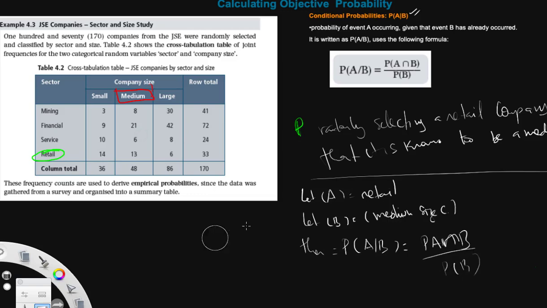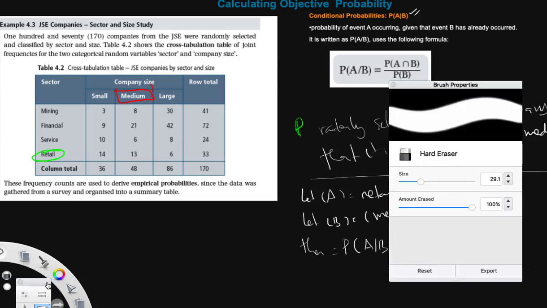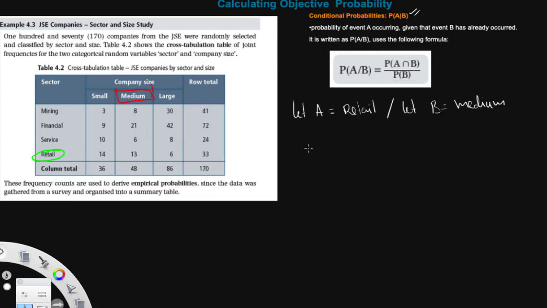So I'm just going to clean up everything here so that we dive into the calculation. The first thing that I'm going to find is the probability of just B, which is easy, B is medium. I'll just do 48 and divide it by 170, which will give me 0.2824. This is a marginal probability, if you remember.